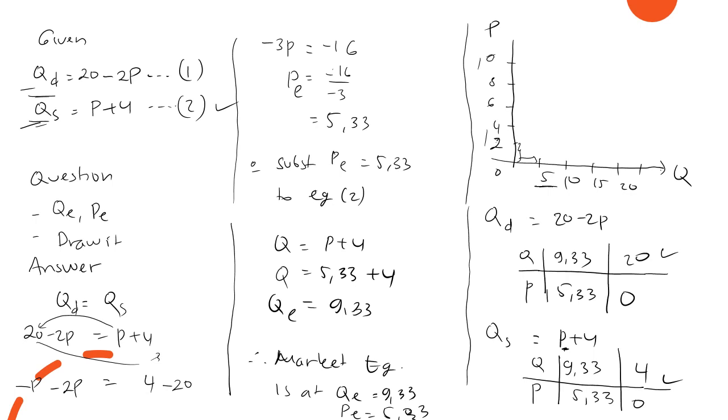Okay, now let's draw the QD 9.33 here. Yeah, around here. 9.33 with 5, so I'll make it, oh, I cannot see that.